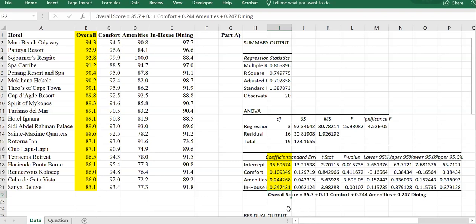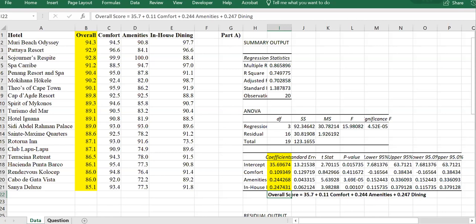All right, so that's the equation that explains overall score based on the other three factors that customers have responded: comfort, amenities, and in-house dining. So that just answers part A of the question.